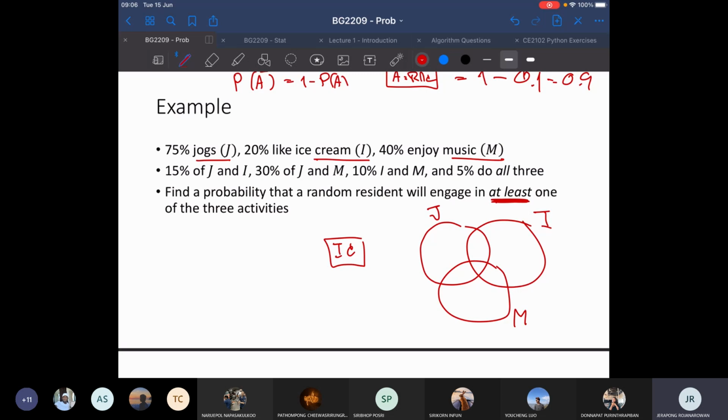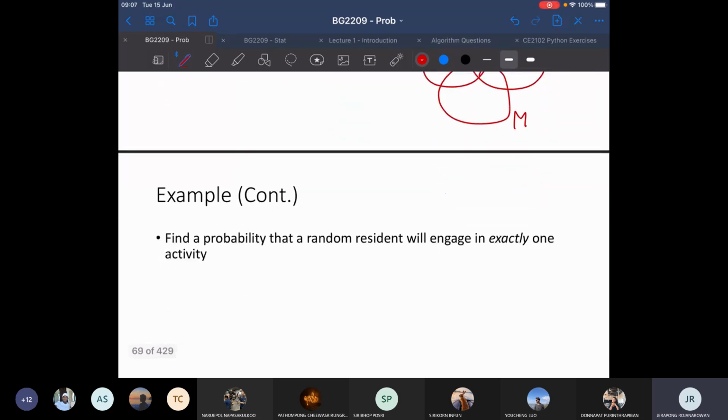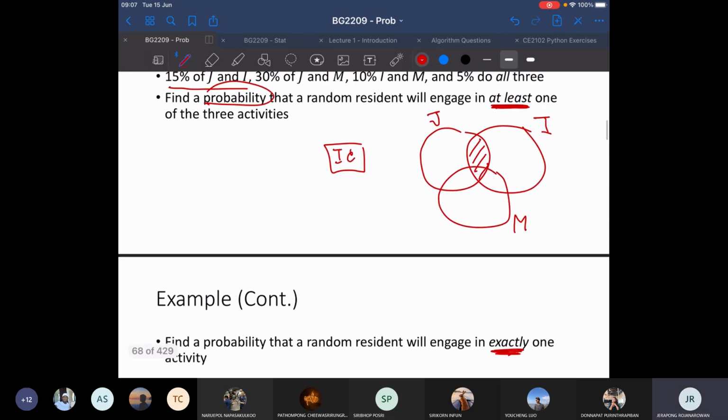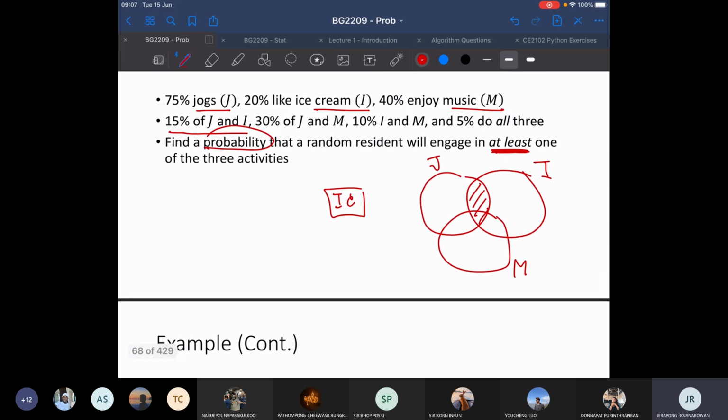And then they give you a bunch of numbers. 50% of J and I. J and I is going to be this part. This is 50%. You work it out, and then you find the probability of at least one of the activities, and also the probability of exactly one activity. This one is exactly one. At least one means it could be 1, 2, 3, right?